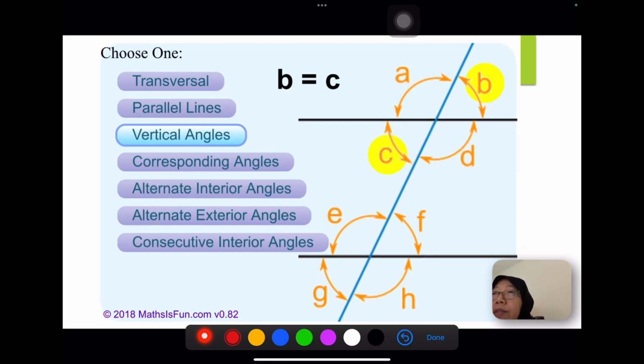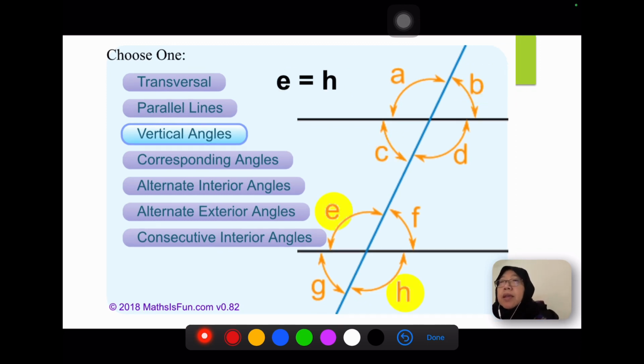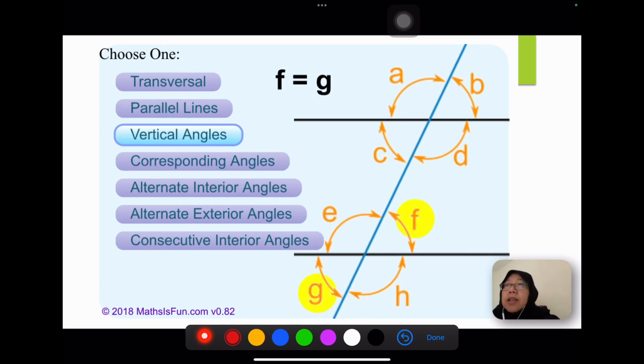Next, we have another pair of vertical angles, C and B. We have E and H, and then another pair, F and G.